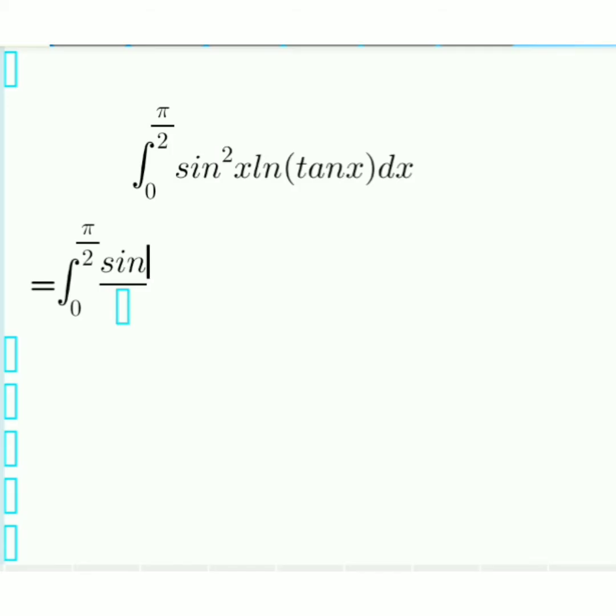Sine square x divided by cos square x. I can write it this way, or I can write it another way: it can be written as cos to the power 4x.